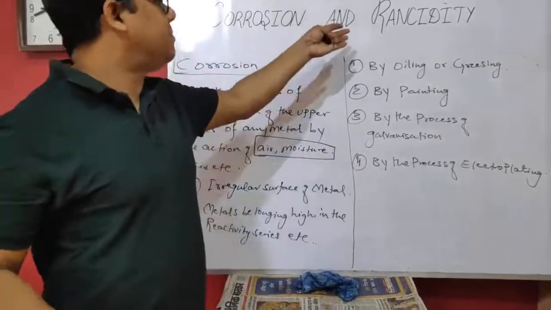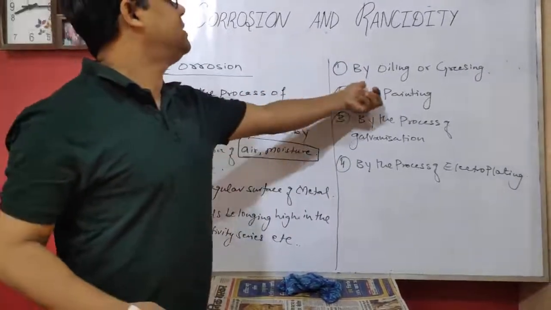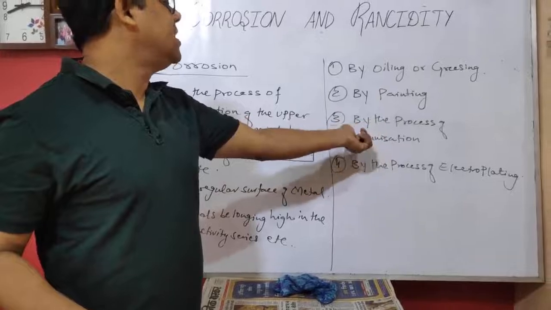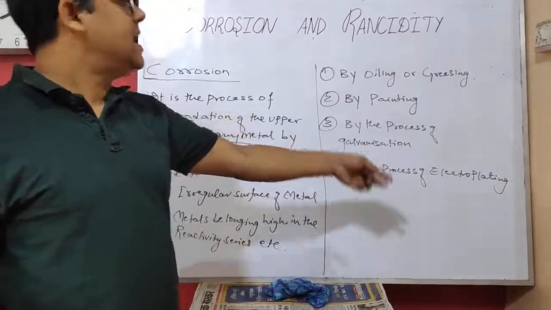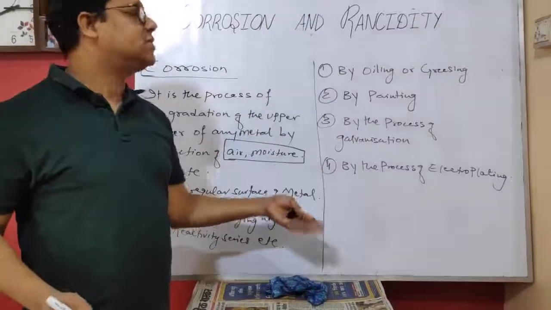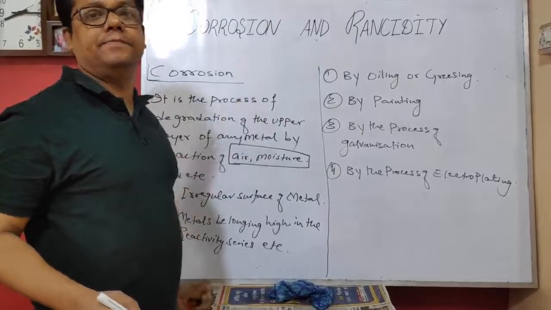So these are the processes through which we can protect metal from corrosion: first oiling or greasing, second painting, third galvanization, fourth electroplating, and there are many such processes.